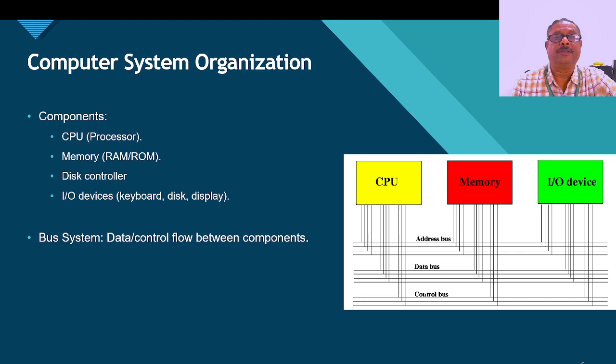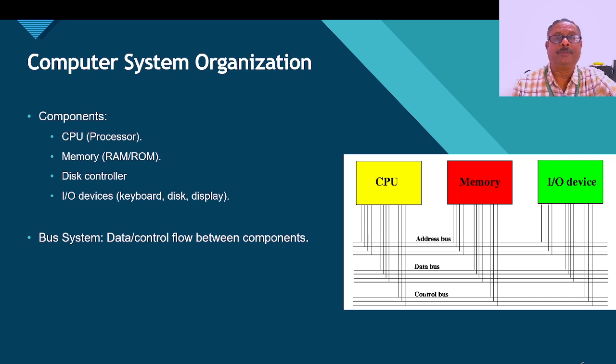And when a key is pressed, then the data bus gets the data, and the IO device like the keyboard will send a control signal saying that a key is being pressed and the data is put on the data bus. So this information goes to the CPU.